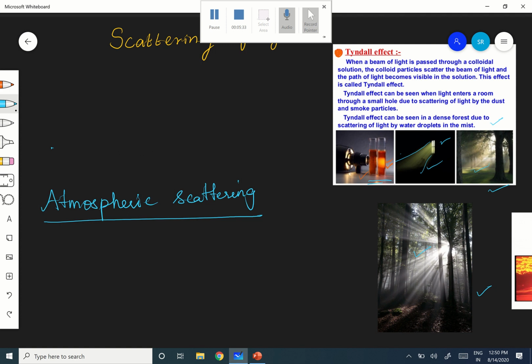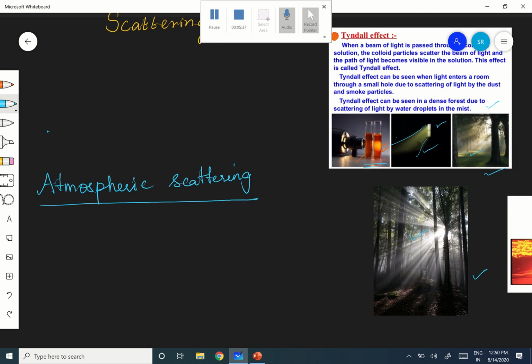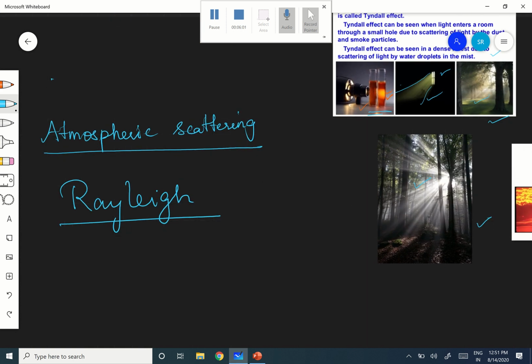Therefore, this atmospheric scattering was first studied by Rayleigh. Scattering of light we have seen; now we have seen what atmospheric scattering is. Atmospheric scattering means sunlight is scattered by the atmospheric particles, and this was first studied by the scientist Rayleigh.